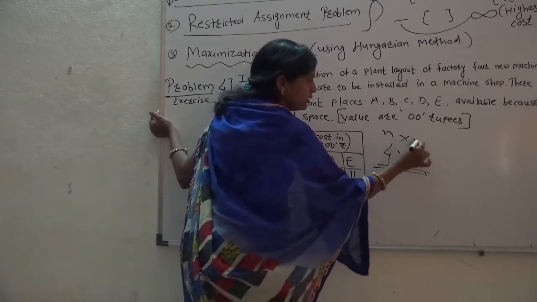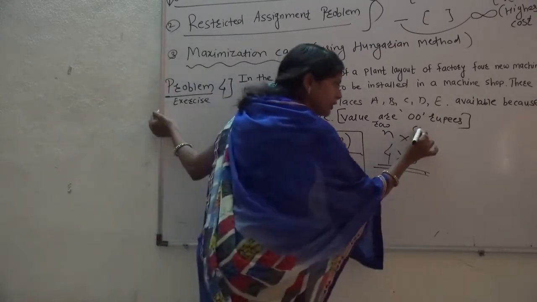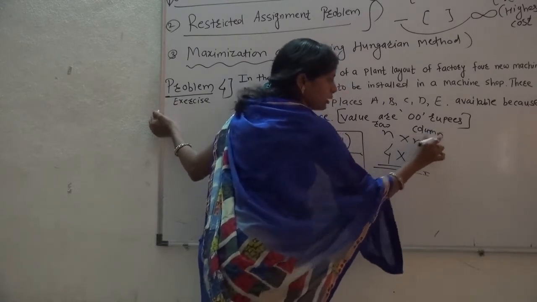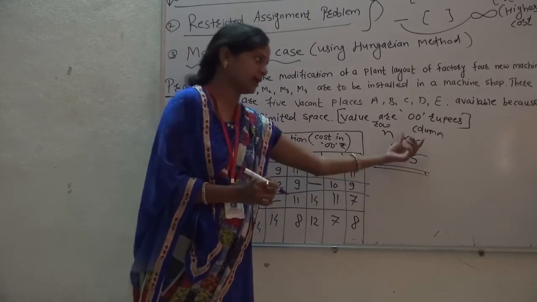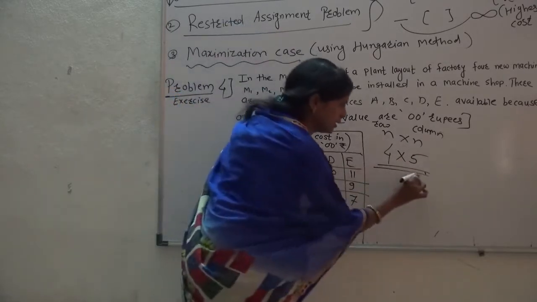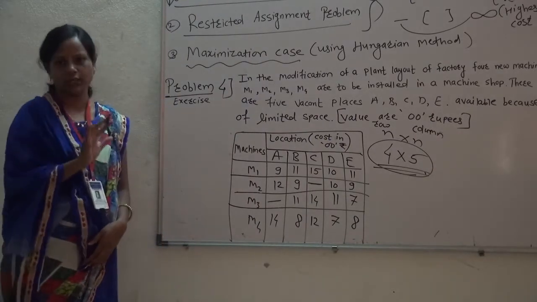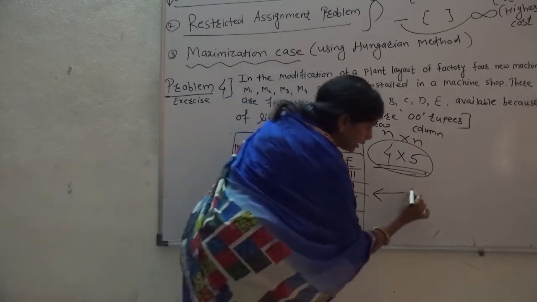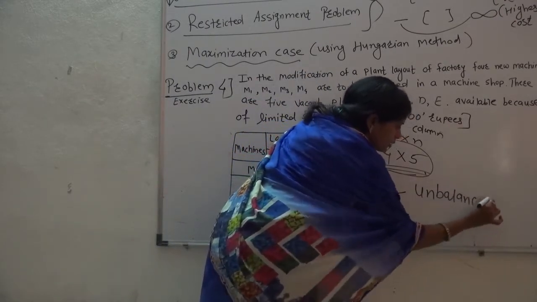Firstly we write rows, secondly we write columns. In this given matrix there are 4 rows and 5 columns. That means the number of rows and columns are not equal, which means this assignment problem is unbalanced.